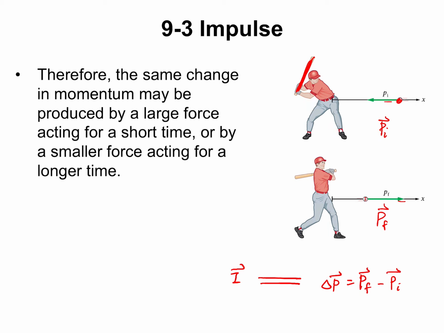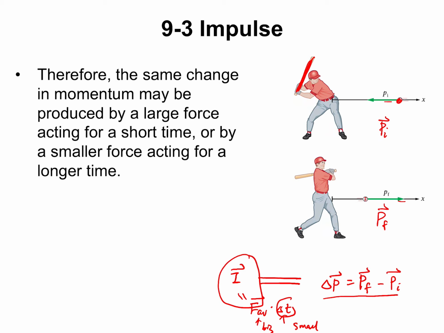So impulse equals average force times time. Time is very short, so the force here is big. By calculating the changing momentum, we can figure out the magnitude of impulse. And if we know the time, then we can figure out this average force.